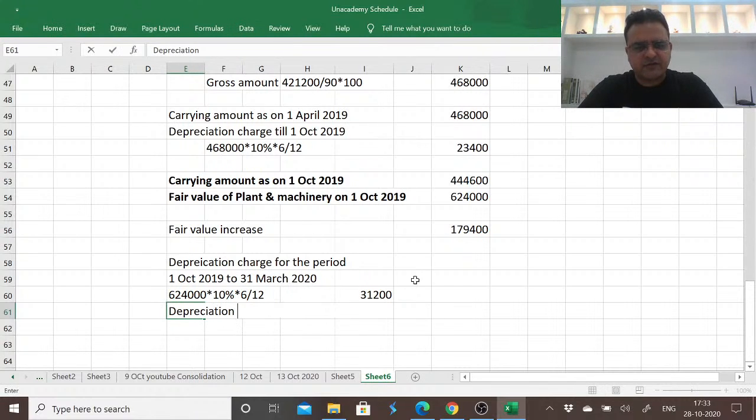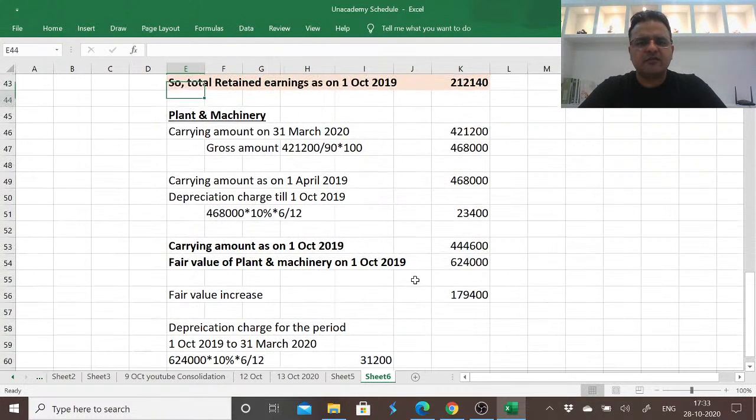Depreciation already charged. Depreciation till 1st October 2019 was 23,400, and the total depreciation charged till date was 468,000 minus 421,200, that is 46,800 for the full year. This was divided into half year depreciation from 1st April 2019 to 1st October 2019, charged as 23,400.